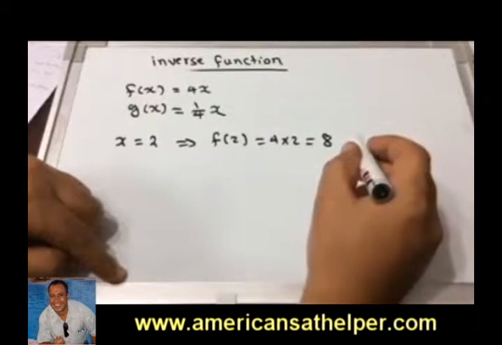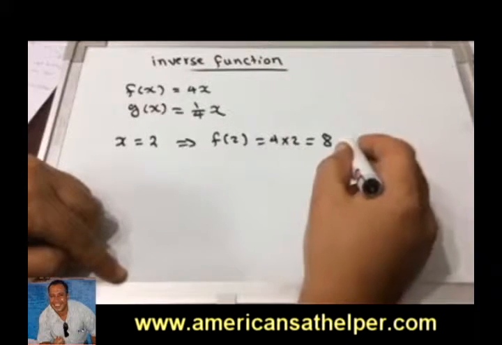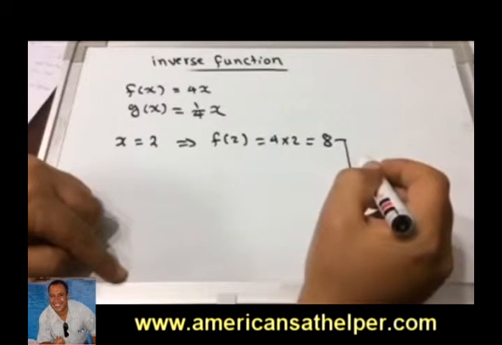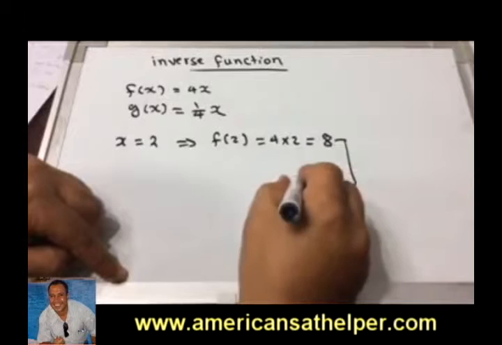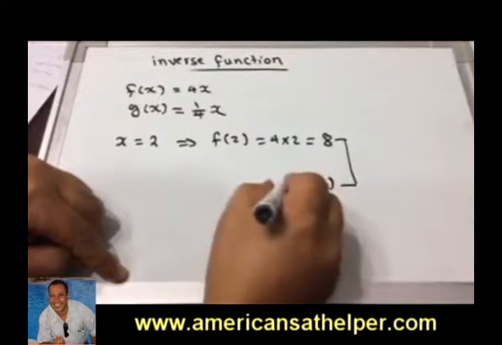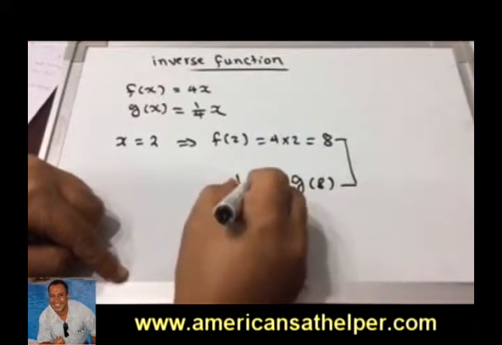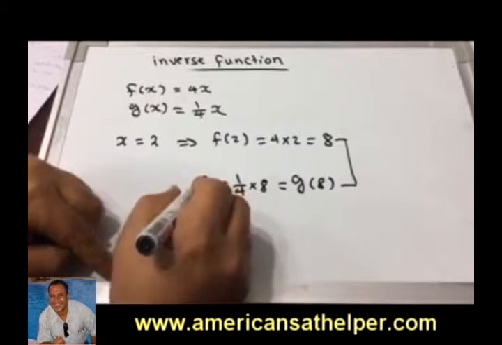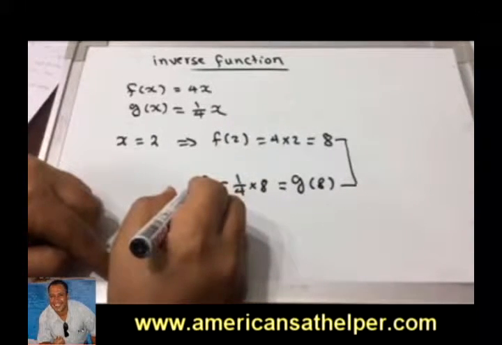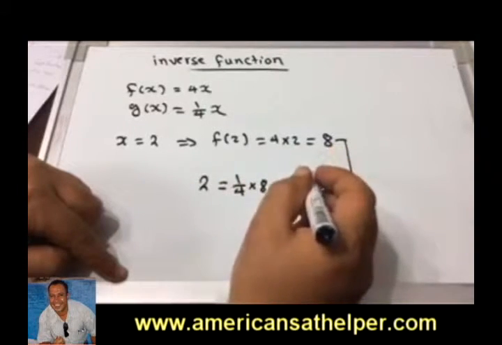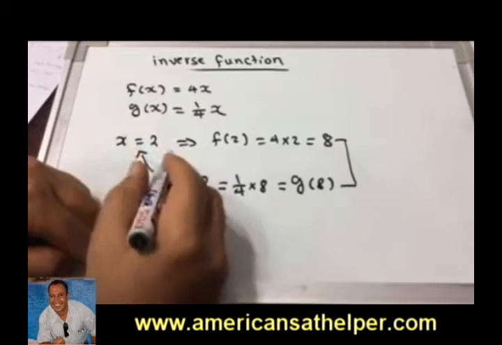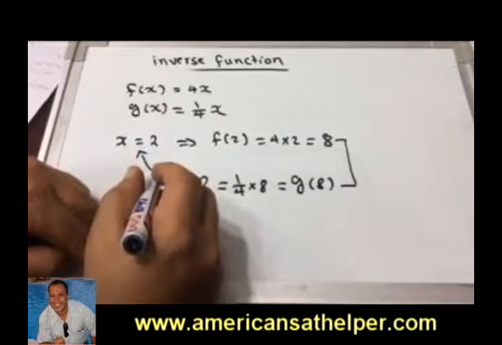And let's take this new number 8 and plug it in the other function g of x. g of 8 equals 1/4 times 8 equals 2. We get the same number that we started.